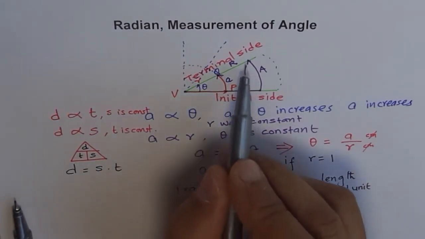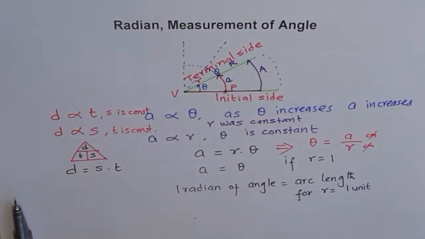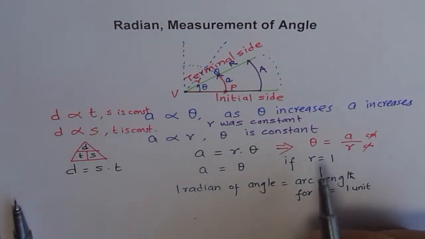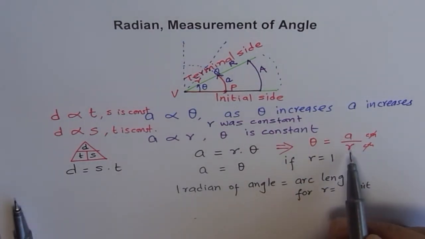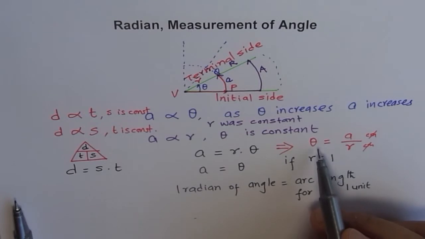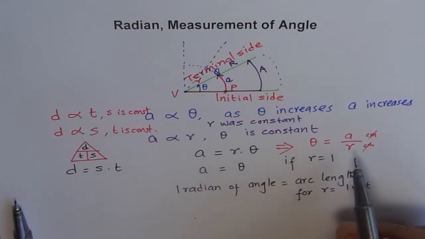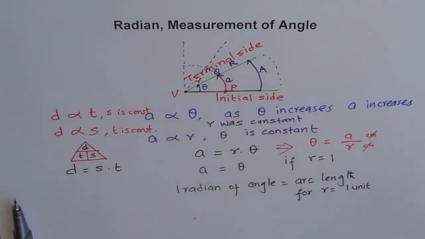Because if we continue to make this, it will make a circle of radius r. So theta is the ratio of arc length to radius in a circle. Correct? So that's the simplest form in which we can say what theta is. I hope you understand theta by now.